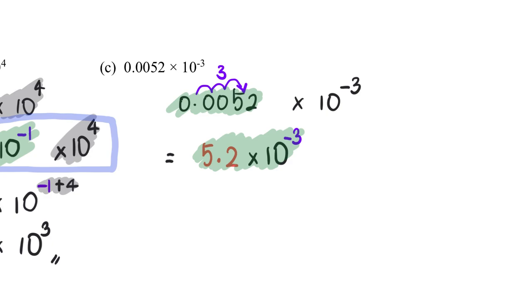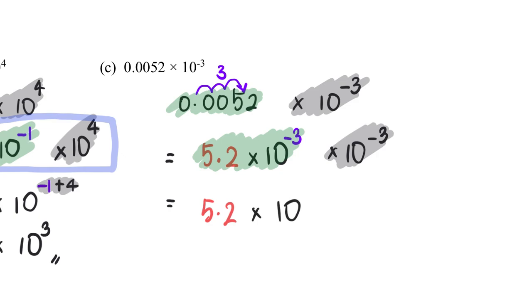Not forgetting my times 10 to the power of -3 that is still here. I must still continue to do that. And finally, I still have my 5.2. But now I could apply my law of indices for this part here, where the base is the same.